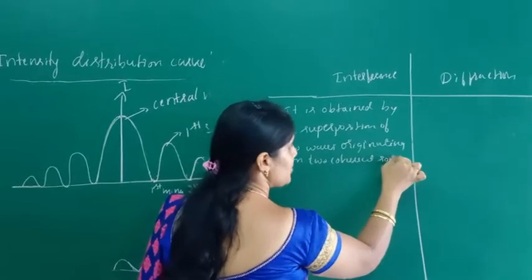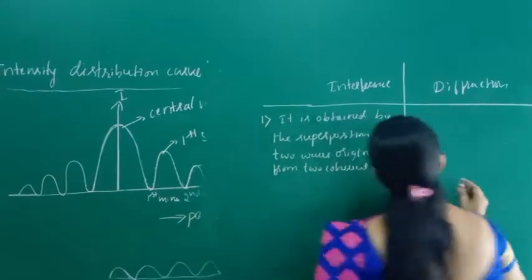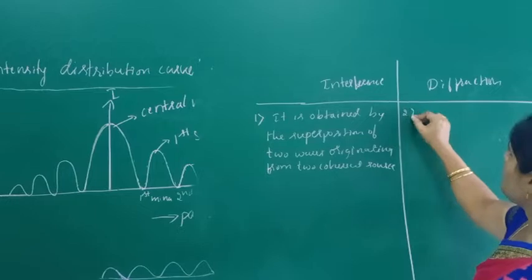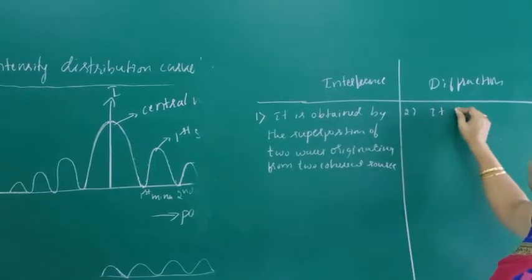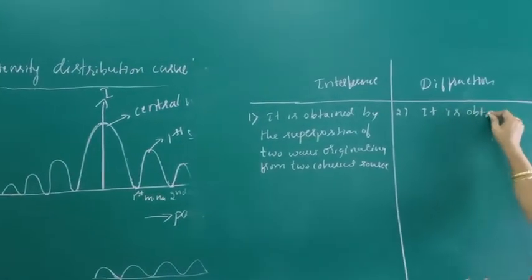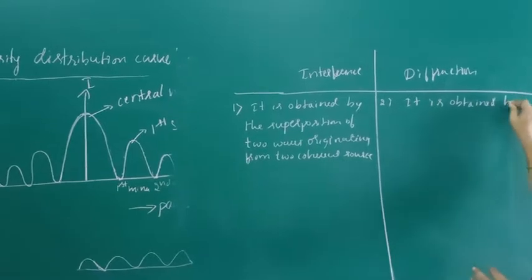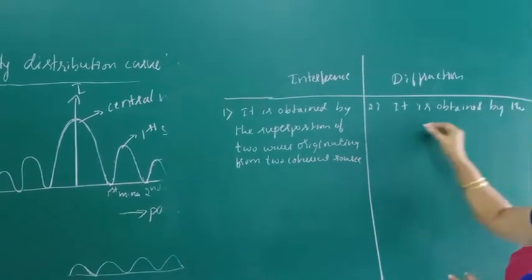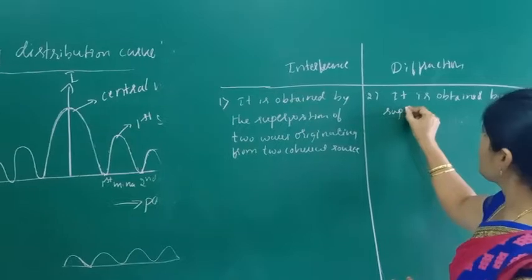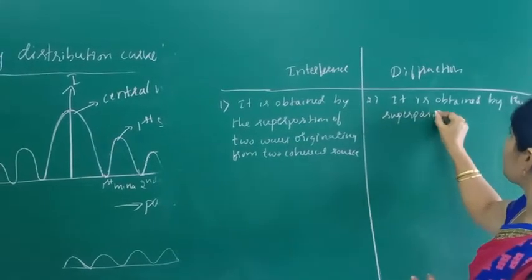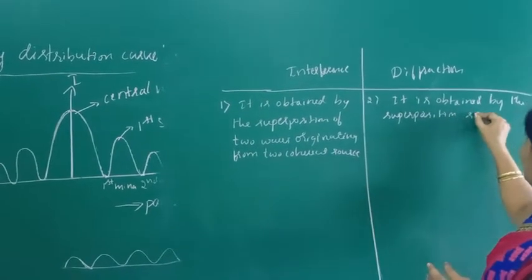Diffraction is also obtained by superposition, but it is obtained by the superposition of secondary wavelets.